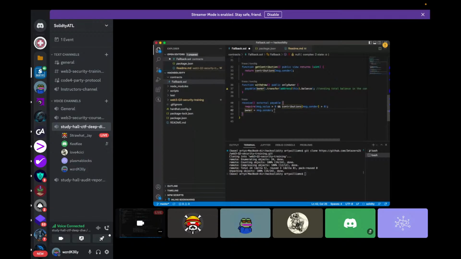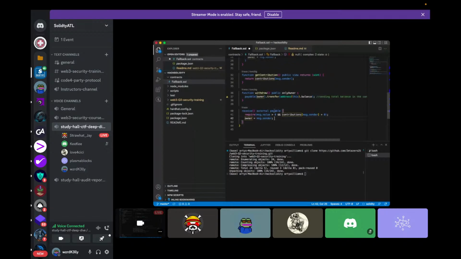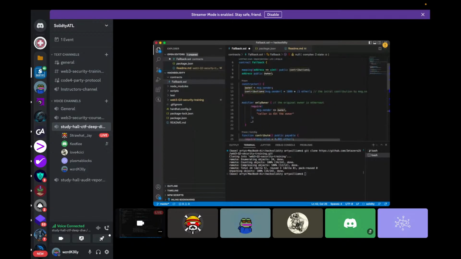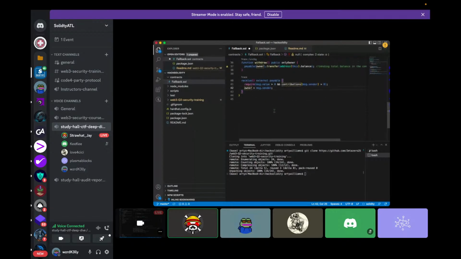You're right, it is changing the value, and that's what the code's doing. So in this function, we're changing the value of owner in the contract to the message.sender.